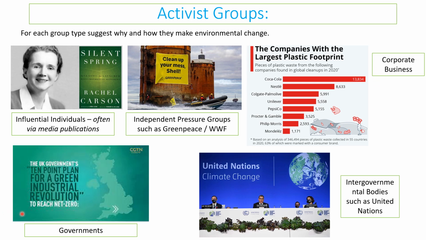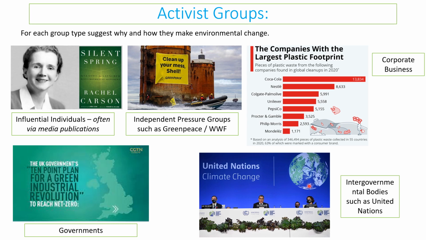Governments. So governments obviously are voted in, in most democratic countries, by the public, and the governments are responding now, especially you see with stuff like COP, to environmental awareness. So governments need to be making sure that they are supporting the environment, because if they don't, they may be voted out as a result.